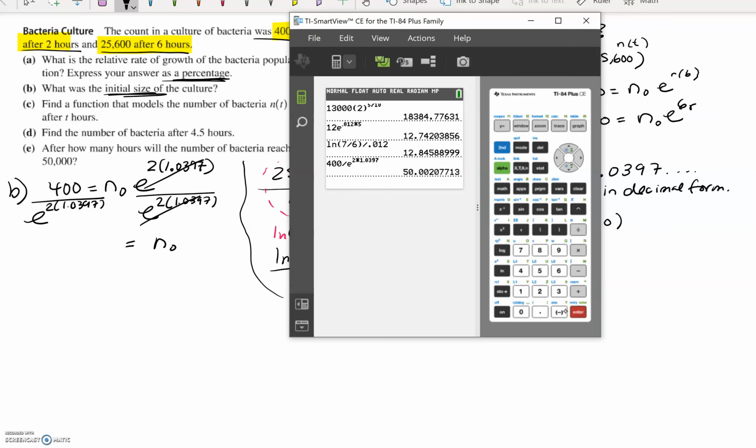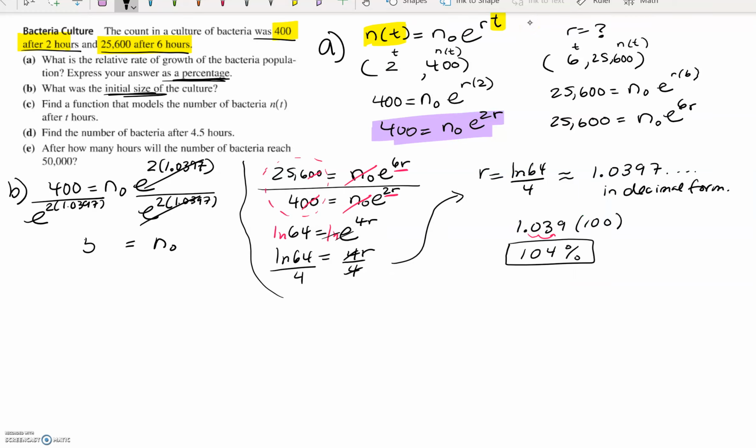So if I round to the nearest 50, I started with 50 bacteria as the initial amount. Since I had two equations and two unknowns, I was able to find the unknown R and the unknown N naught. So the initial population of the bacteria culture was 50.